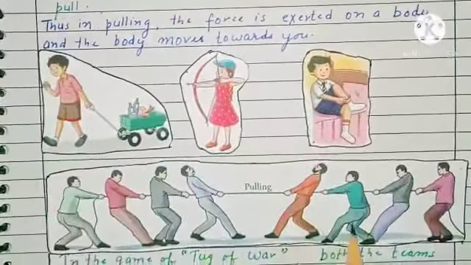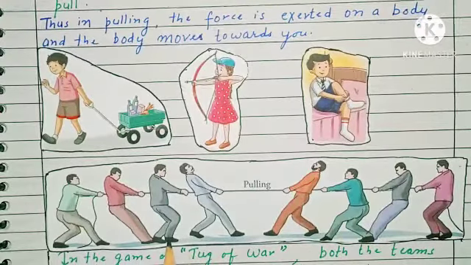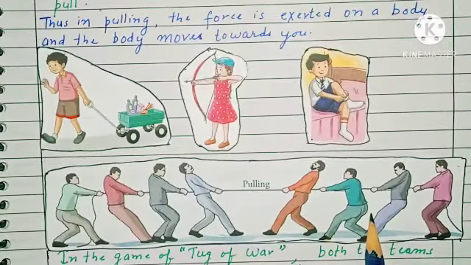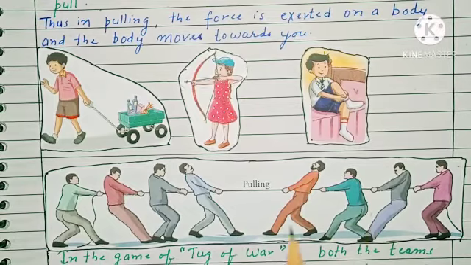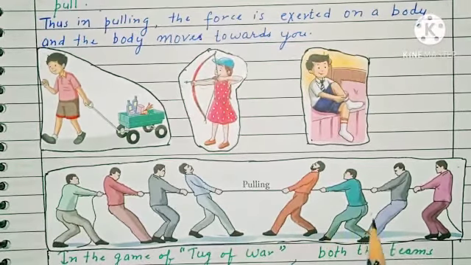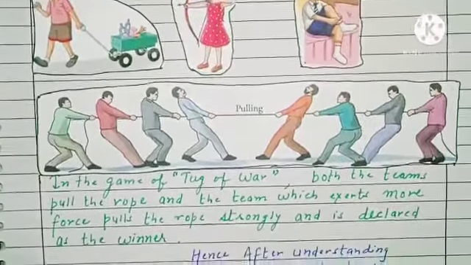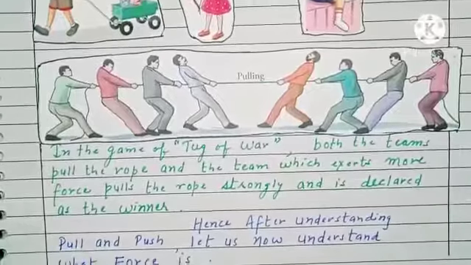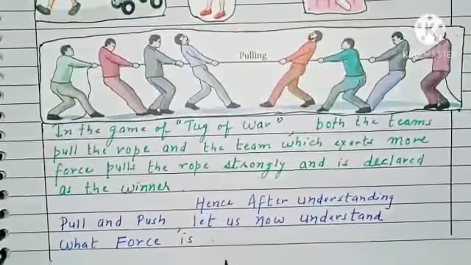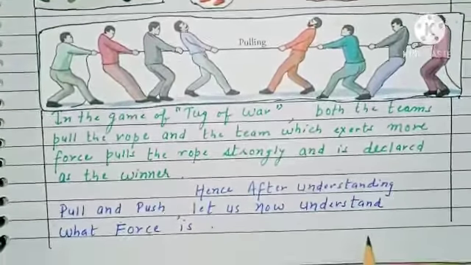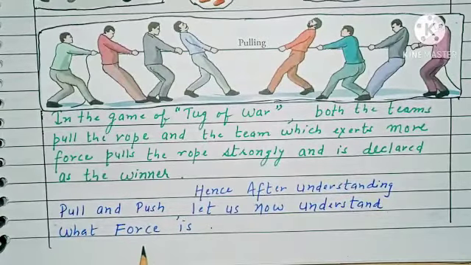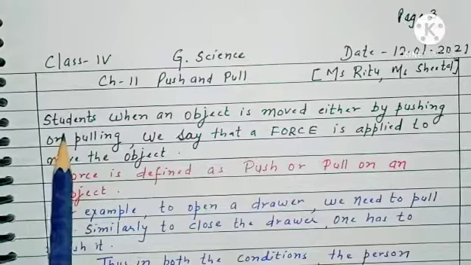In the game of tug of war, both the teams pull the rope and the team which exerts more force pulls the rope strongly and is declared the winner. Hence, after understanding pull and push, let us now understand what force is.